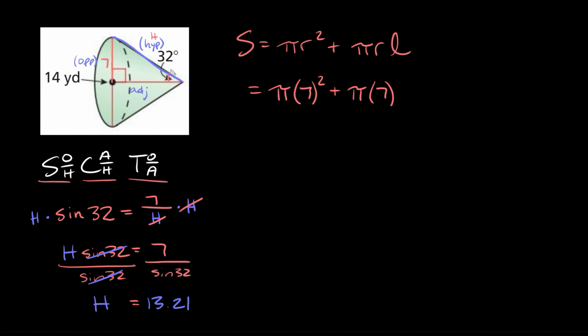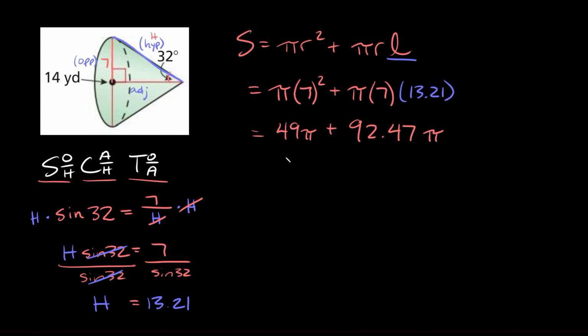Remember, the length of this hypotenuse is L in our formula, so that's what we're going to plug in for L: 13.21 right there. Let's simplify this a little more. 7 squared is 49, so here we have 49 pi, and we add that to 13.21 times 7, which is approximately 92.47, times pi.